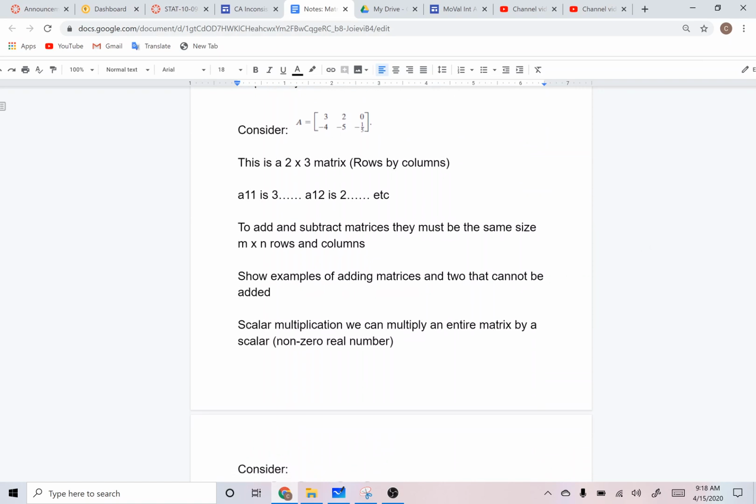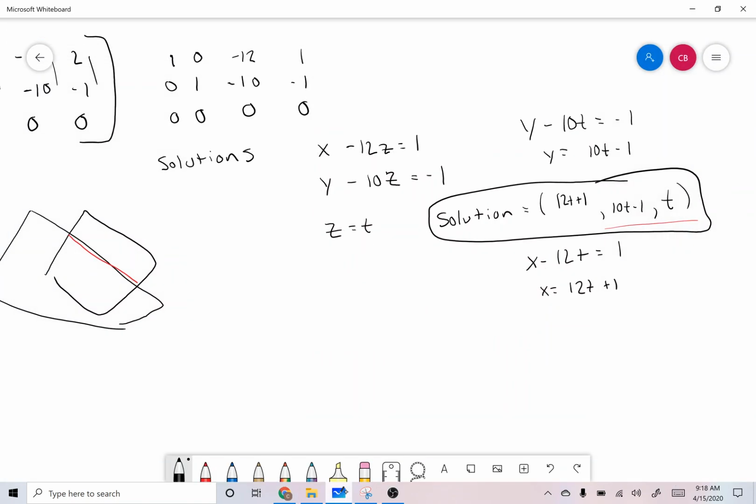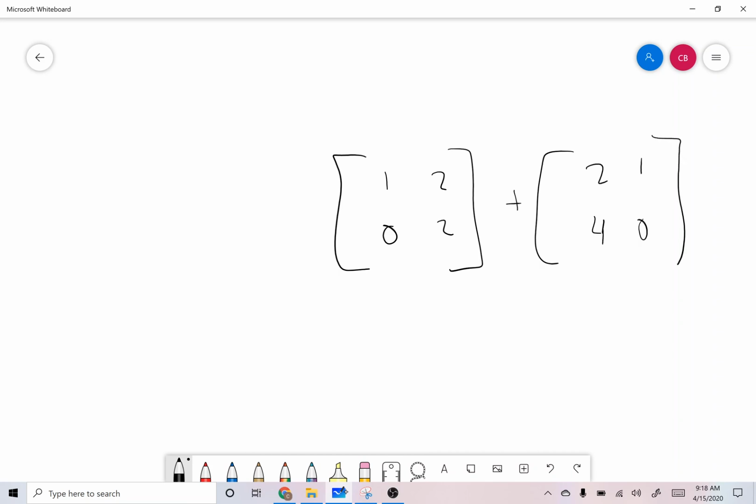To add and subtract matrices, they have to be the same size. So, for instance, let's say you have 1, 2, 0, 2, and 2, 1, 4, 0. This is a 2 by 2, and this is a 2 by 2.